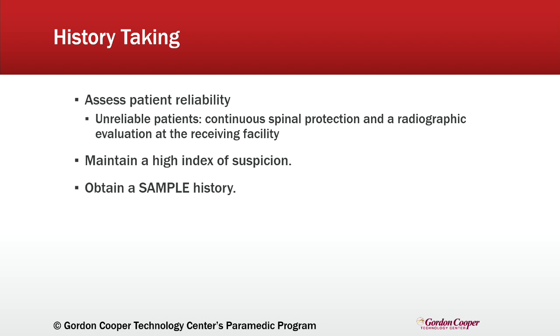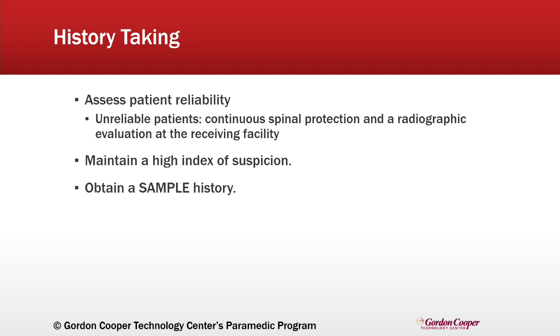It's important to note, though, when you're taking a history from a patient, you really need to assess whether or not the history or their ability to present the information to you is reliable. You want to consider them unreliable, at least to some degree, if they're having an acute stress reaction, maybe if they've got a distracting injury or even an altered mental status from a brain injury or some form of intoxication.